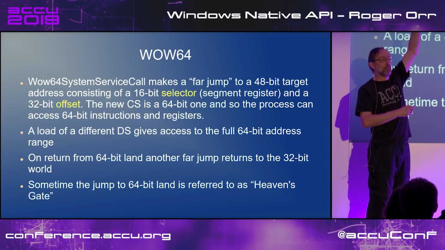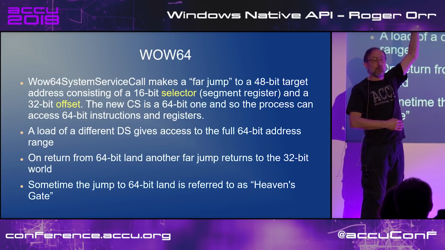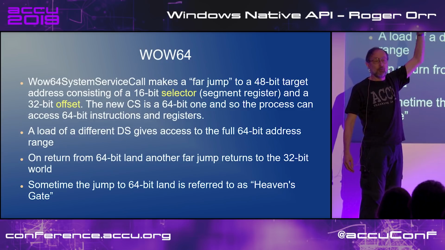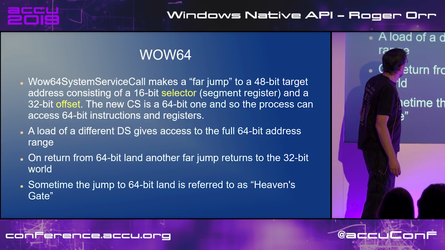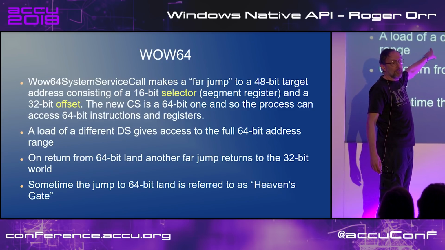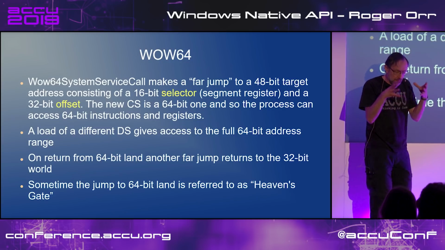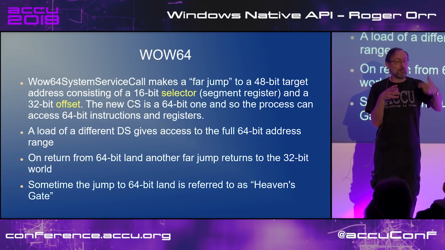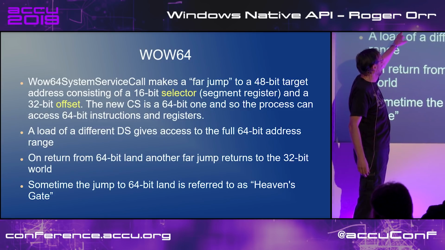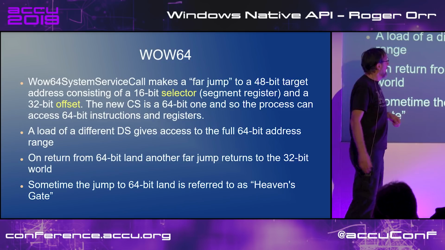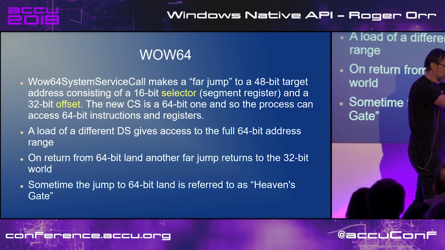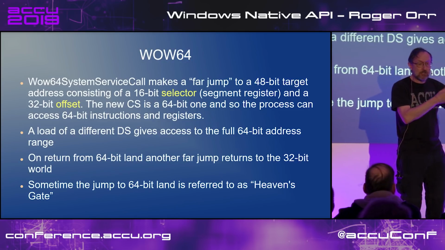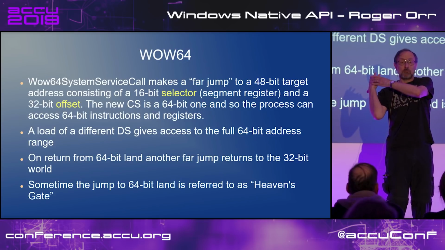It can now jump into the high memory where WOW64 CPU and NTDLL and all the other stuff lives. It's also got to load a different data segment because, of course, the one you're running in your 32-bit land knows about 32-bit values. So you have to swap that, but the key part is done by the swap to CS. And then when it's finished poking around and called NTDLL and got the return back, it needs to unwind everything and give you back your value.